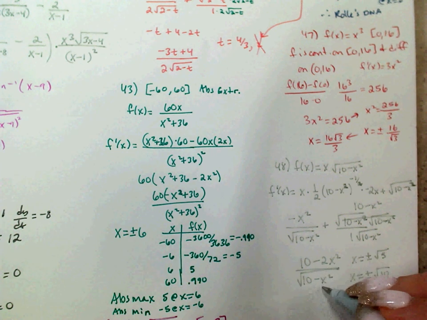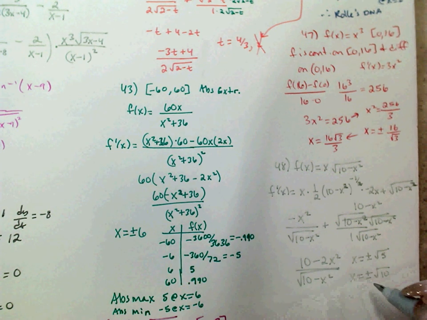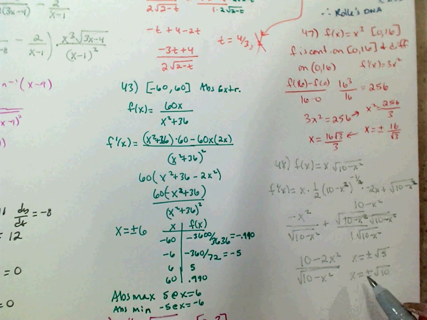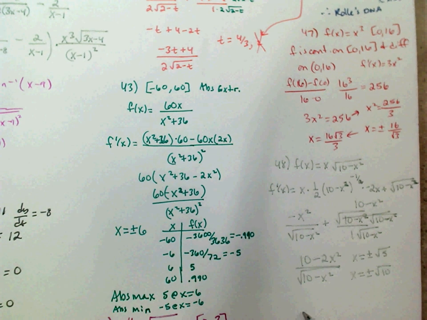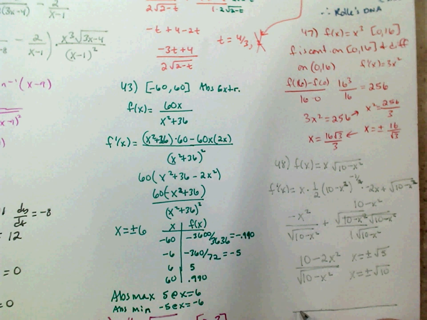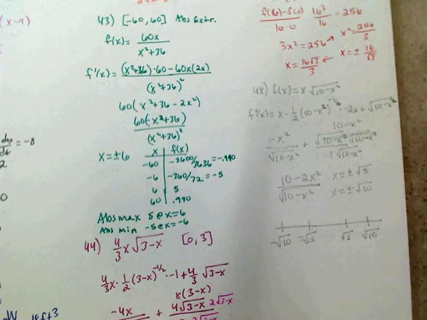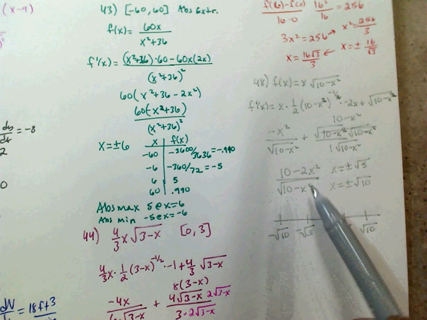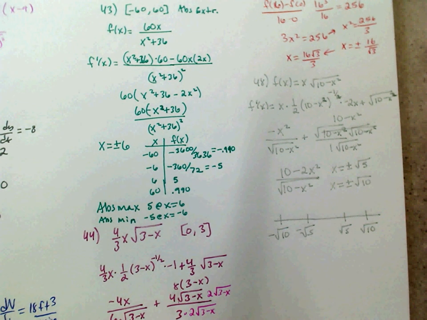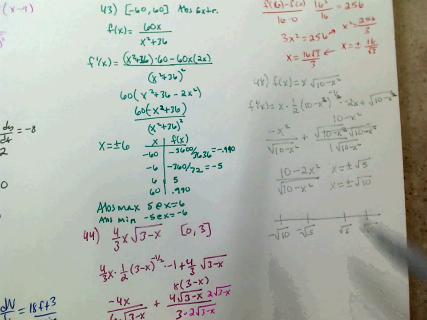So sign chart. Negative square root of 10, negative square root of 5, positive square root of 5, positive square root of 10. We're going to plug numbers into the derivative, which is this right here, and see what signs I get. So I'm going to plug in a negative square root of 11, because it's going to be squared.